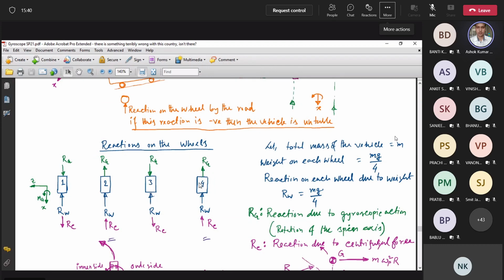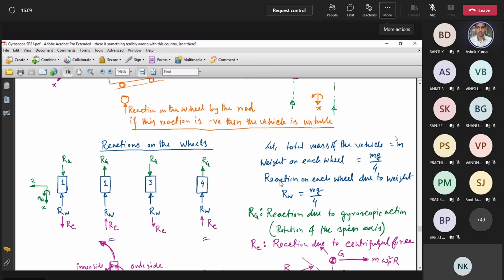First let us take the reaction due to its own mass. The whole vehicle has its mass, so the weight should be supported by the four wheels. Suppose the total mass is m. So the total weight is mg, and this mg will be supported equally by four wheels. So mg by 4 is the weight on each wheel.